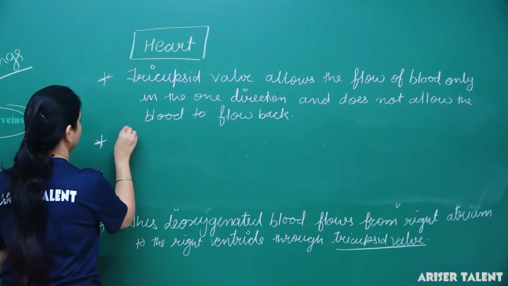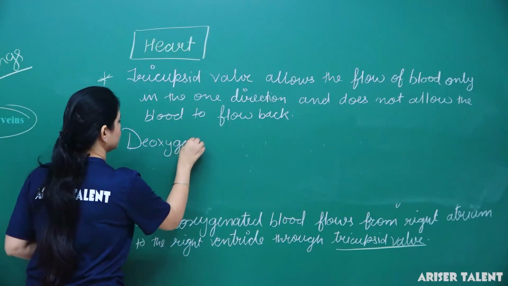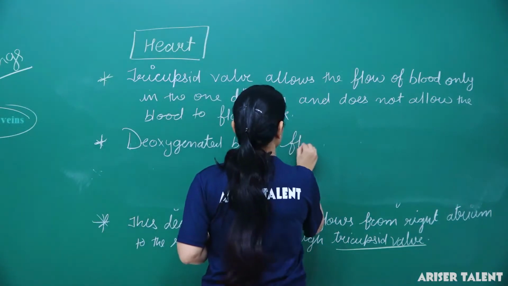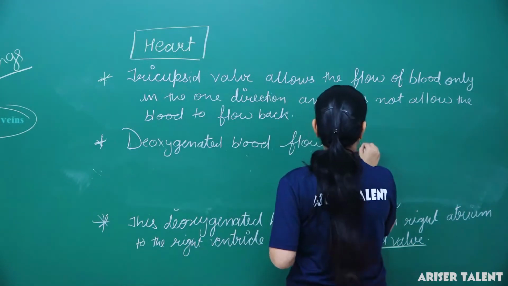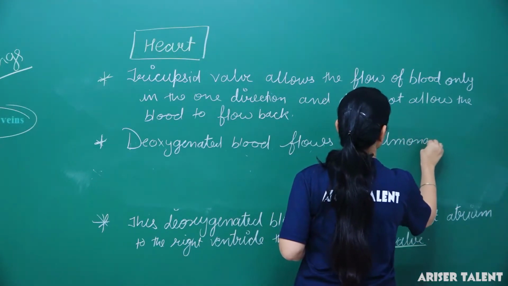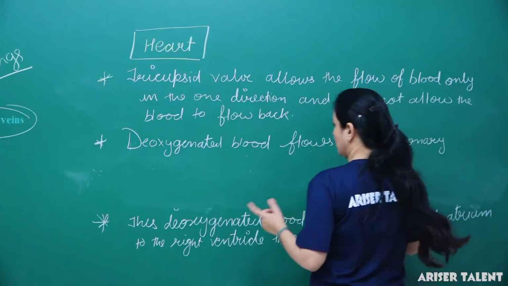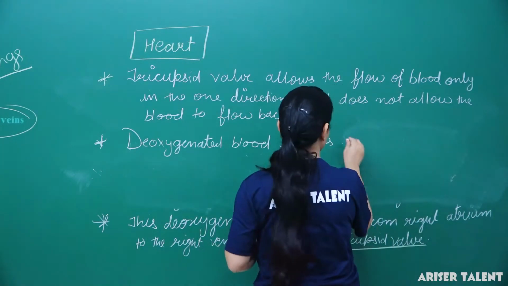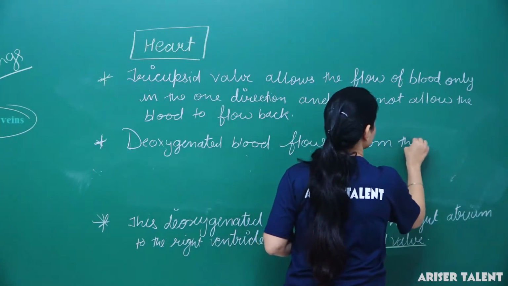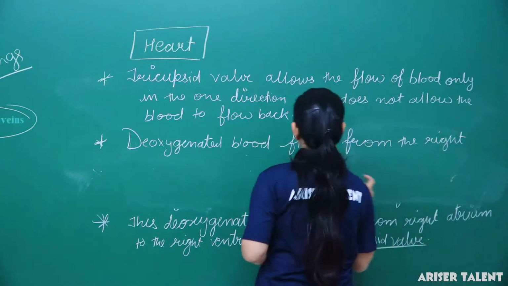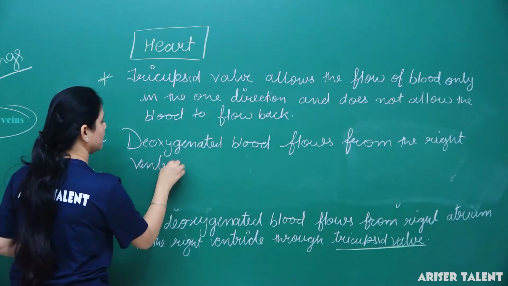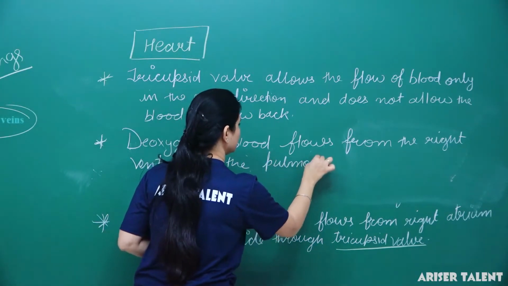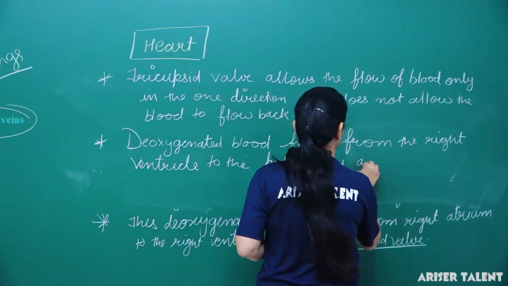This deoxygenated blood flows from the right ventricle to the pulmonary artery.